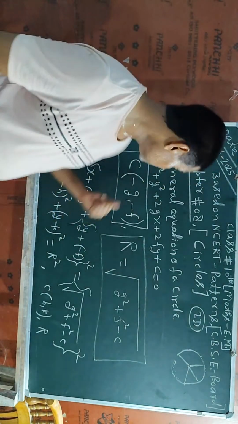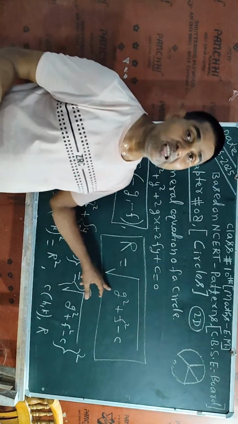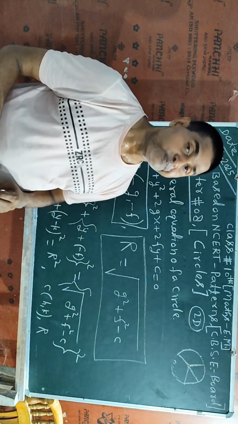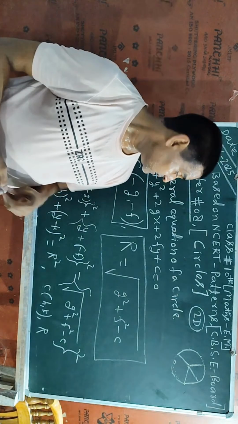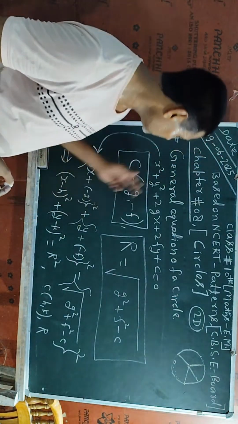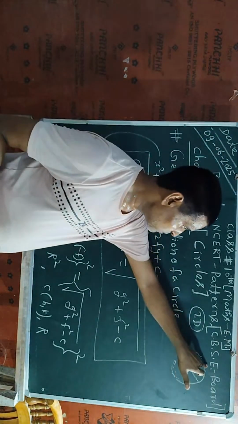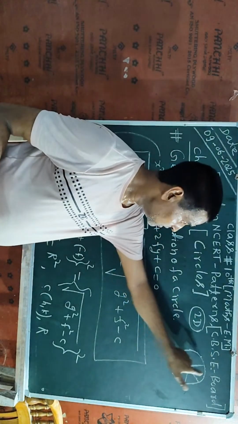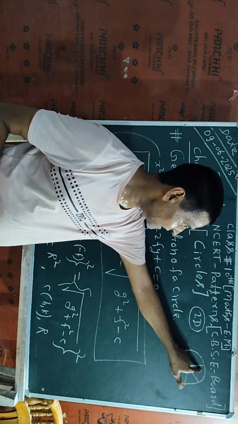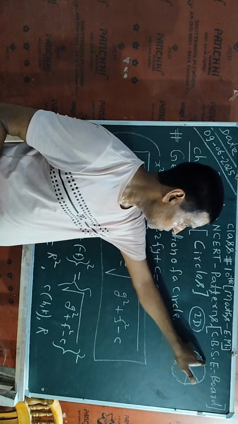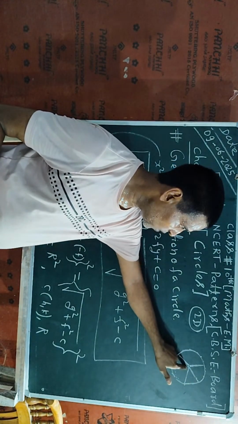The first information is the center of the circle, and the second is the radius of the circle, because the definition of a circle is that it is a collection of all points in the xy plane which are at a constant distance from a fixed point.